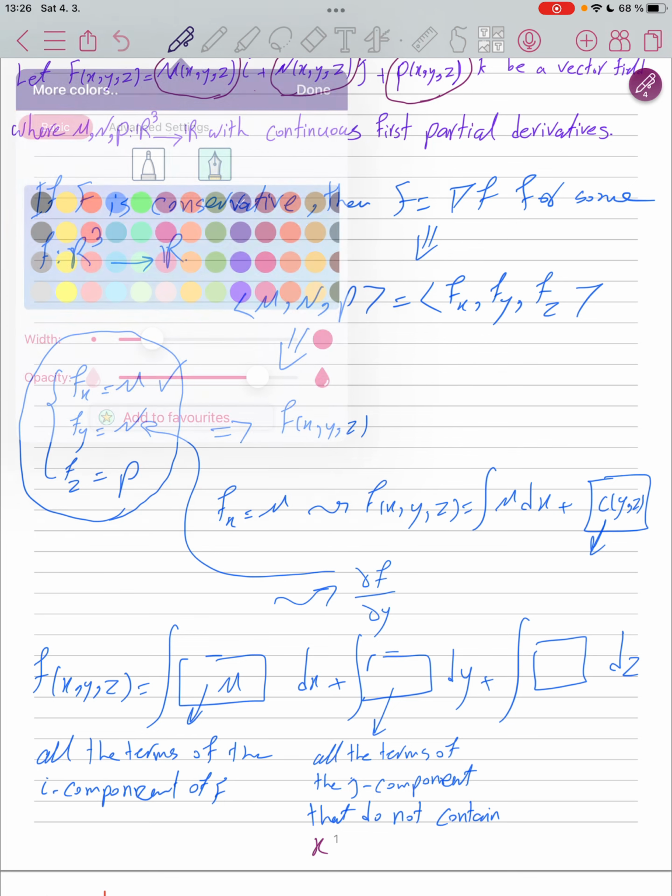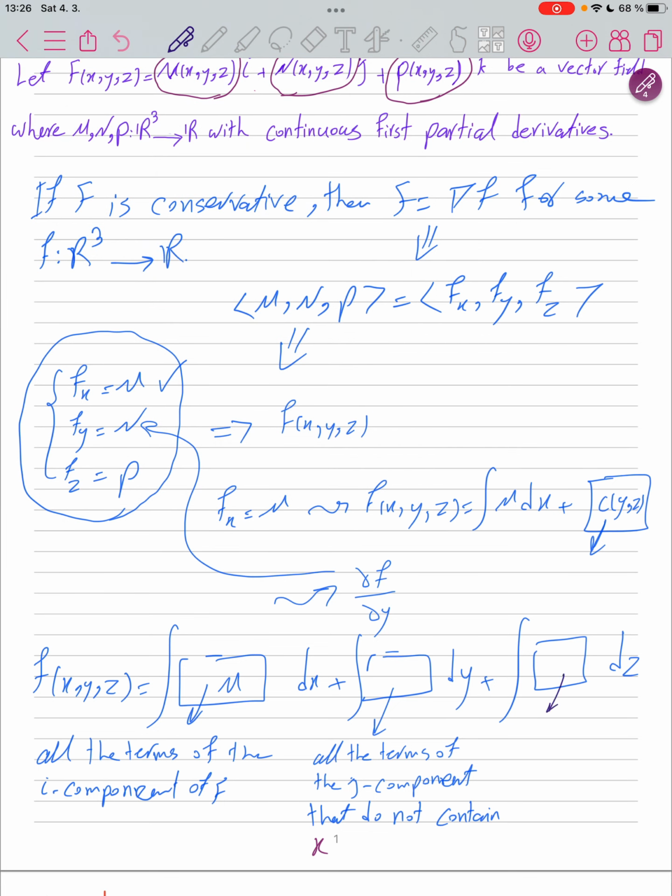And here put all the terms of the K component that do not contain x or y. So let me explain this method more by doing some examples, right?